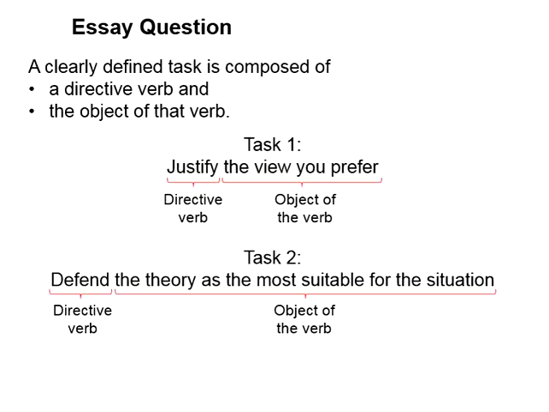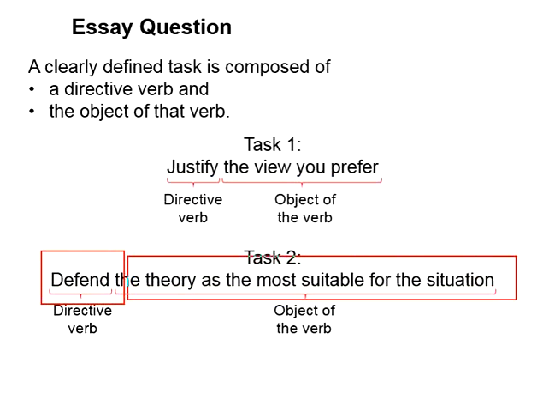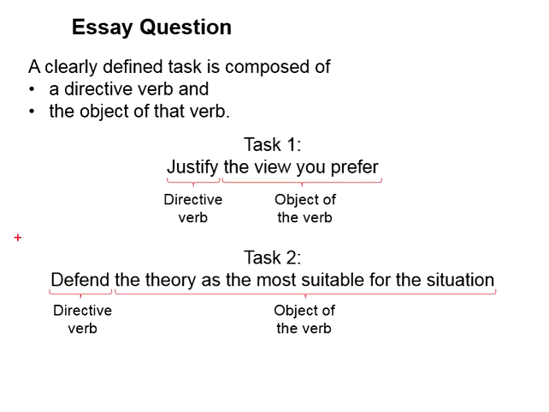Now let us look at the second example. "Defend the theory as the most suitable for the situation." Defend is a directive verb, and the object of the verb is the theory. "As the most suitable for the situation" refers to the conditions.